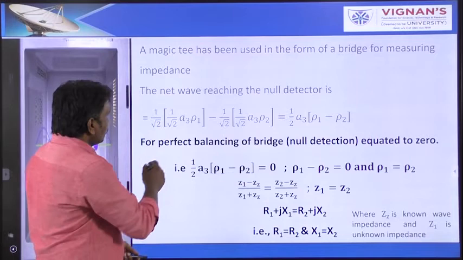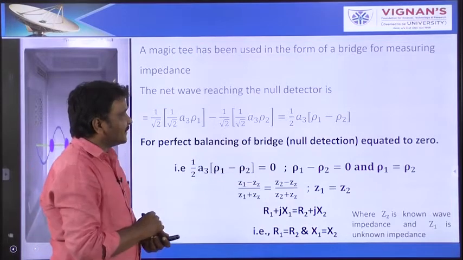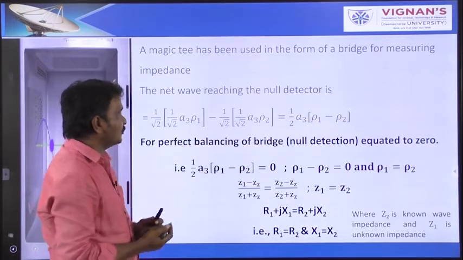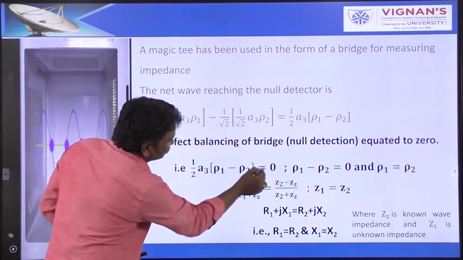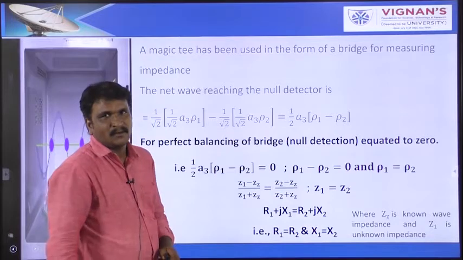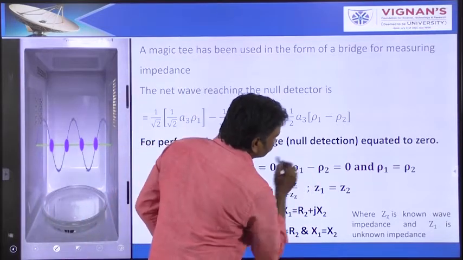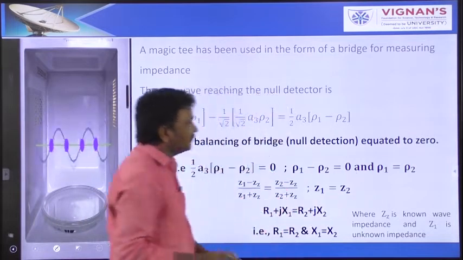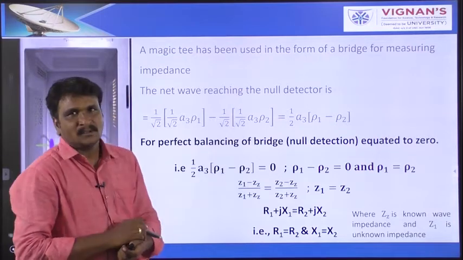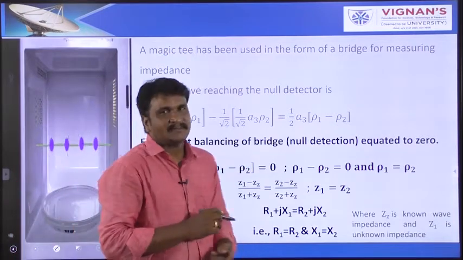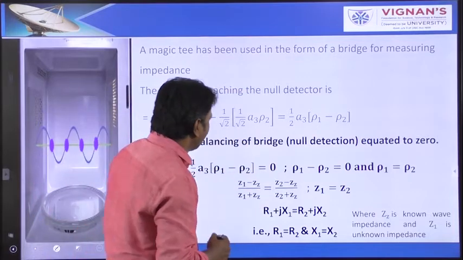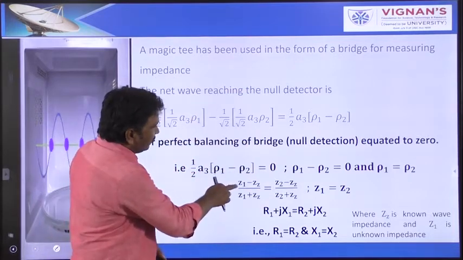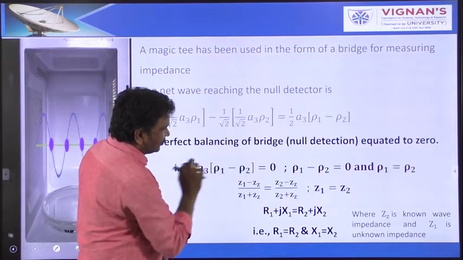See, for a perfectly balanced bridge, the null detector reading equals 0. See, this 1 by root 2 A3 (rho 1 minus rho 2) is equal to 0. From this, rho 1 is equal to rho 2. That rho is a reflection coefficient. That reflection coefficient in terms of impedances is, for rho 1, (Z1 minus ZZ) by (Z1 plus ZZ).